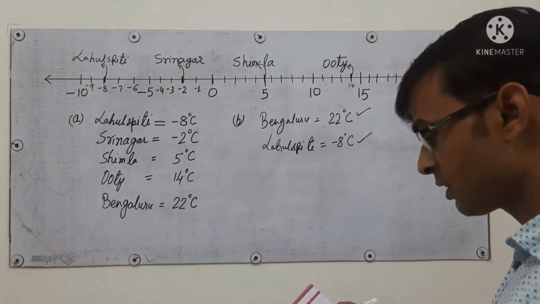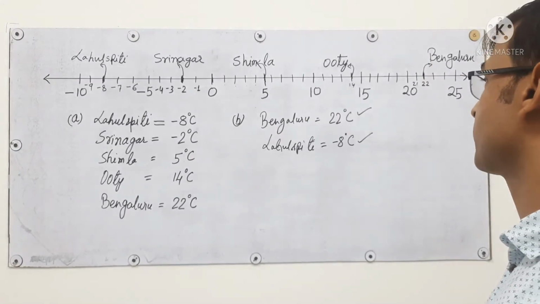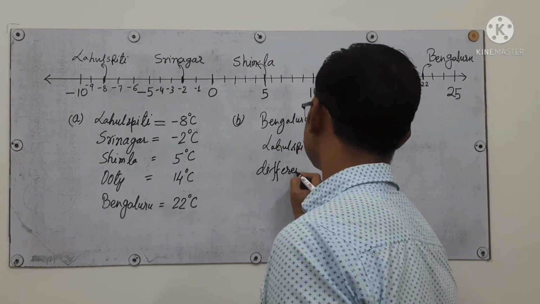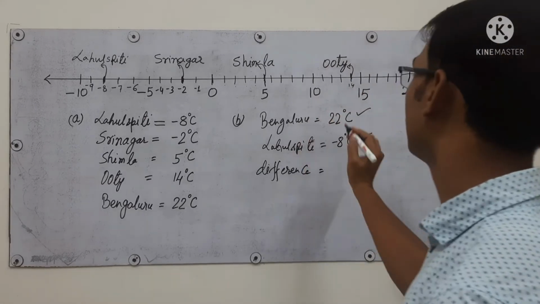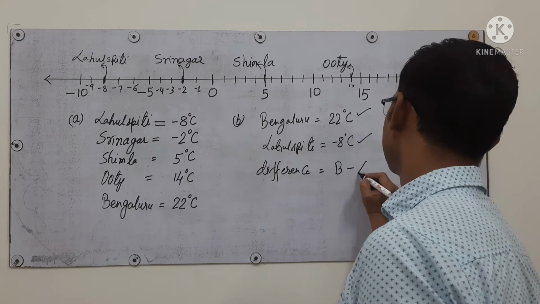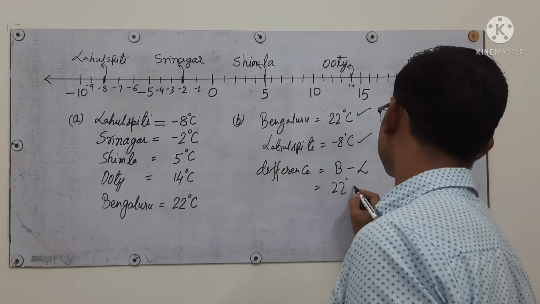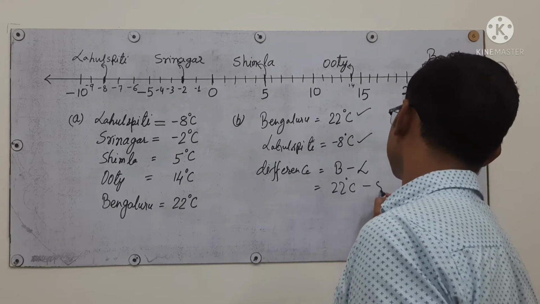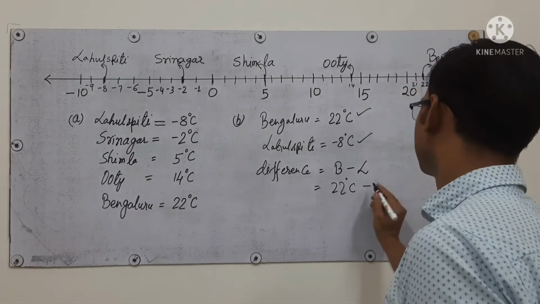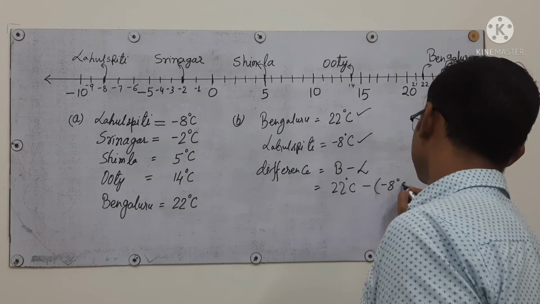Now we just have to find the difference between the hottest and the coldest place. So what is the difference? The difference is Bengaluru minus Lahul Spiti temperature, that is 22 degrees Celsius minus (-8) degrees Celsius.